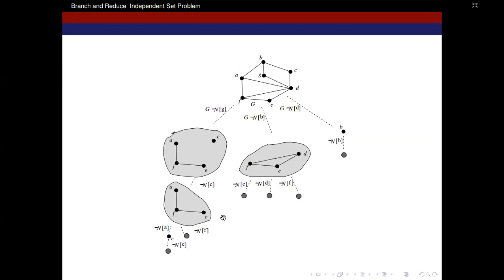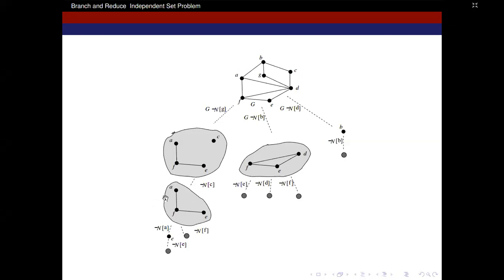And for this node, it has 2 children. From these children, you get independent set EA, and from these children, you get independent set F. So you get an independent set of 2 vertices, and you get an independent set of 1 vertex. Which one is larger? The independent set with 2 vertices is larger.